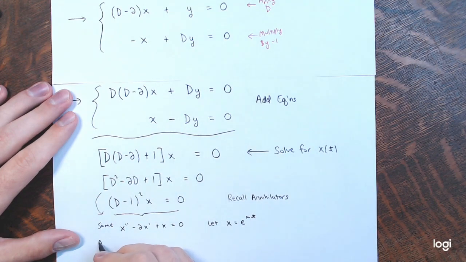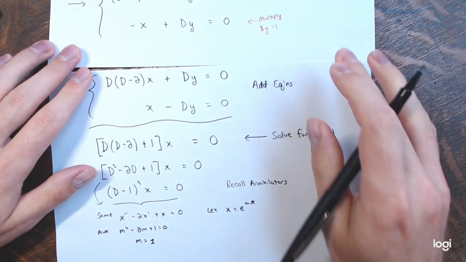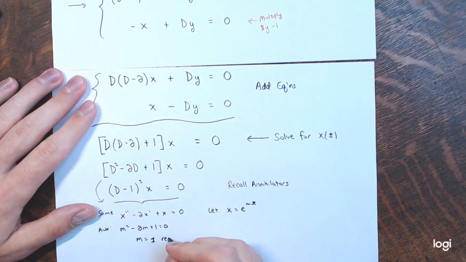And then you get the auxiliary equation, m squared minus 2m plus 1 equals 0, and you get the root m equals 1. But it's a repeated root.